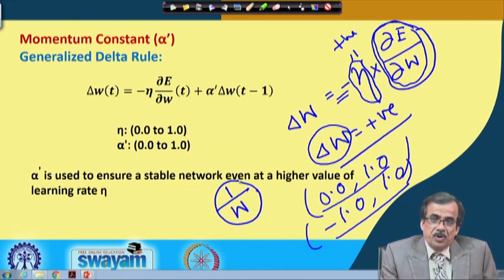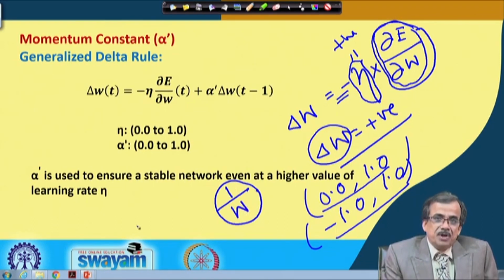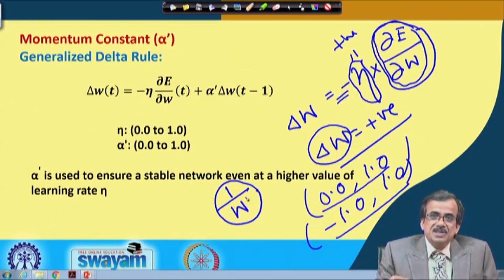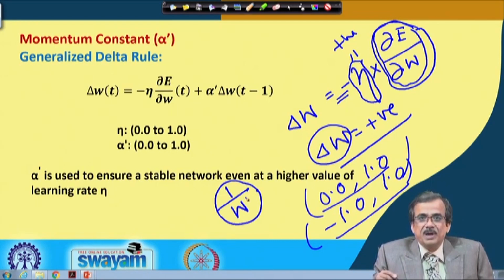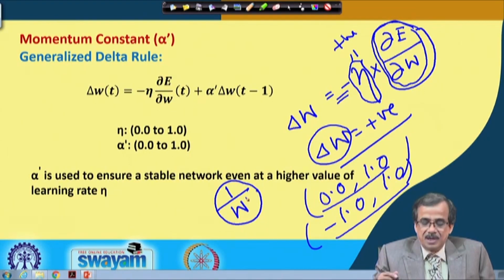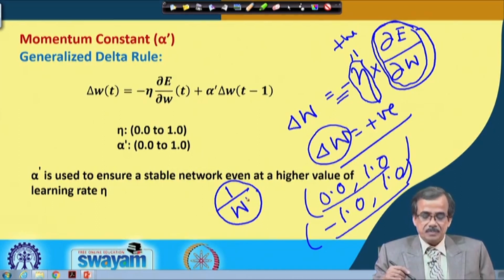The moment I put 1 divided by W in place of W, there could be a sudden change in the performance of the network, but after a few iterations it is once again going to reach that balanced region, and this network can be believed only if it is working in that balanced region.